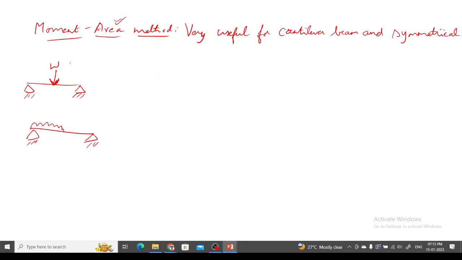For this beam, to calculate the deflection, you can replace it with an equivalent system. For example, I will have a deflection like this.